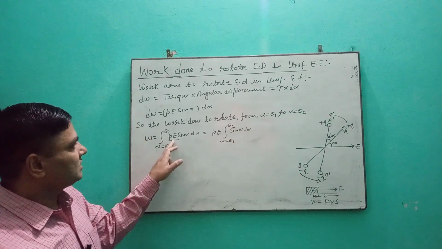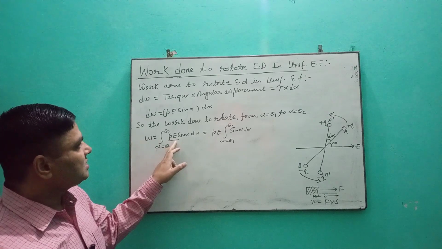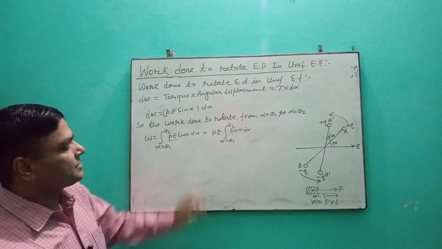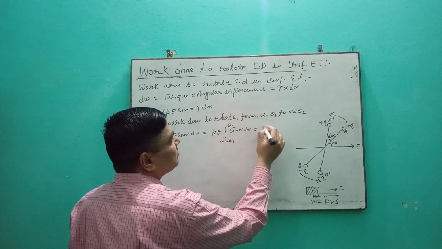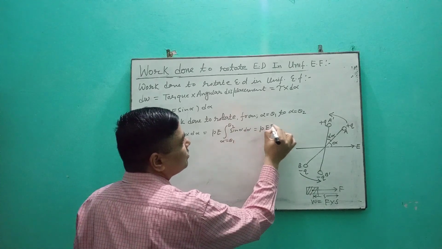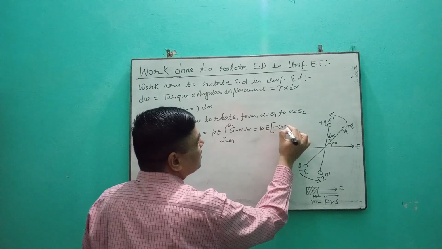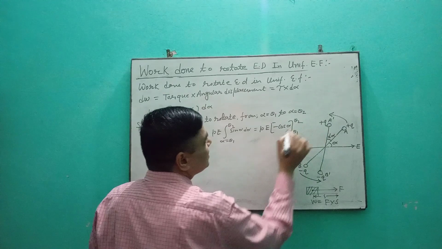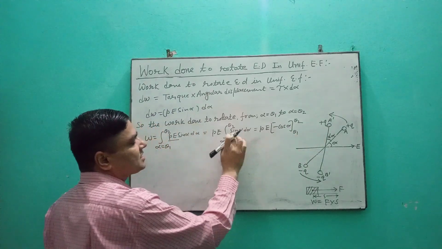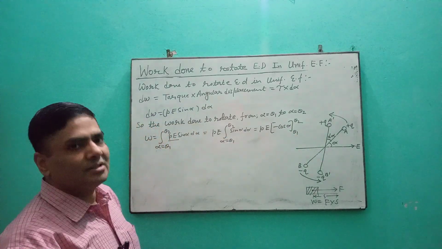Because P is constant, we have taken it outside the sign of integration. The integration of sin alpha d alpha will be minus cos alpha, so P into E into minus cos alpha from theta 1 to theta 2. Why? Because the value of the integration of sin alpha d alpha is minus cos alpha.